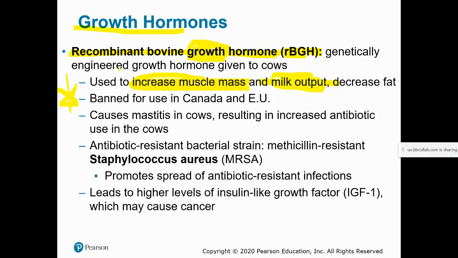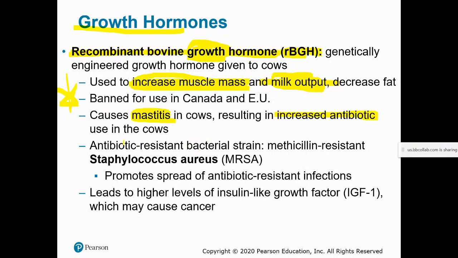So we see a lot of issues arising from use of recombinant bovine growth hormone. One of the major things is an inflammation of the udders and nipples of the cows. And again, as I said, it increases the susceptibility of these animals to disease. So we often see increased use of antibiotics given to these animals.